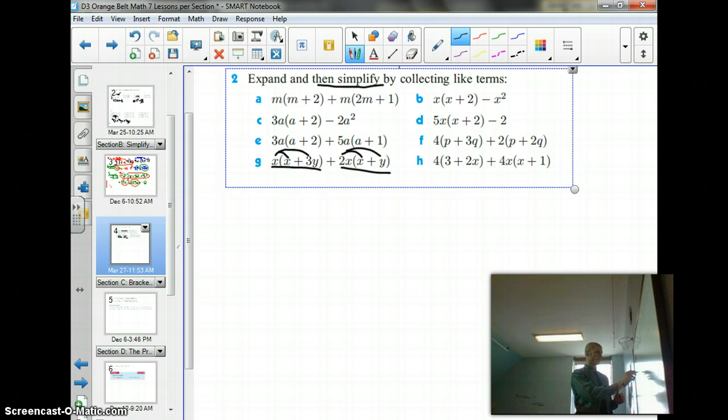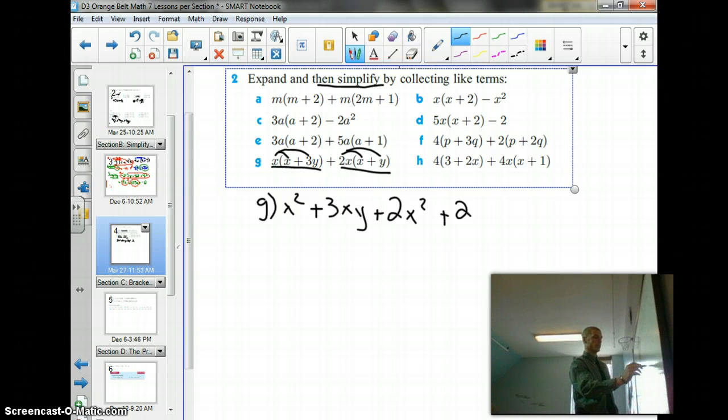So for example, for G, it's going to be x squared plus 3xy plus 2x squared plus 2xy. Okay? Now, we got to simplify by collecting like terms.